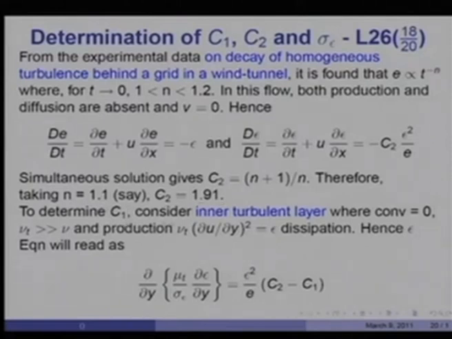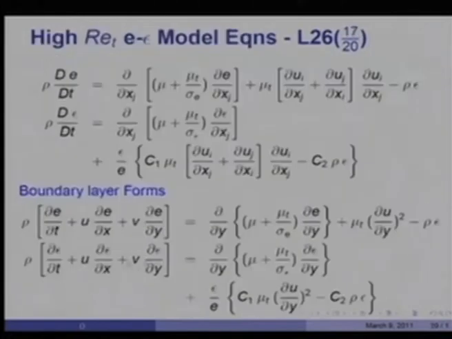To determine C1, we consider the inner turbulent layer, where convection is 0, nu t is very much greater than nu, and production, nu t du by dy whole square, is equal to dissipation, and hence in the epsilon equation, this is 0 almost, and therefore, production is equal to dissipation, because that is also 0.